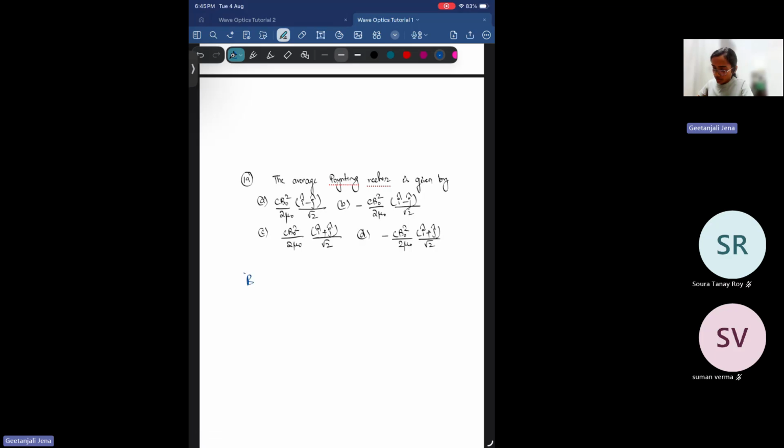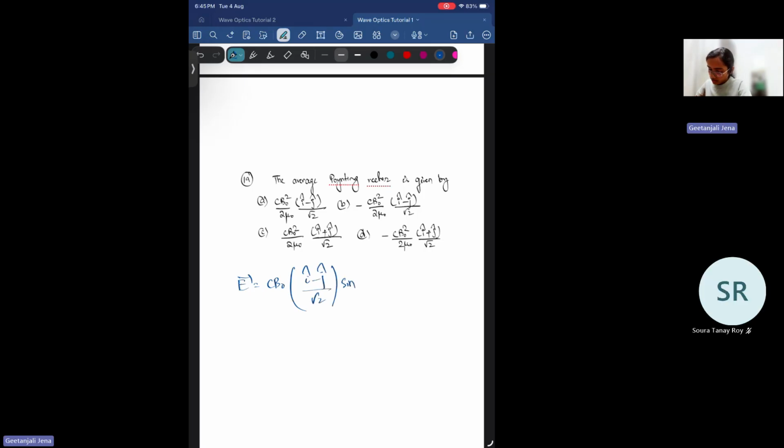B is C B0 (i k minus j k by root 2) sine (x plus y k by root 2 plus omega t).